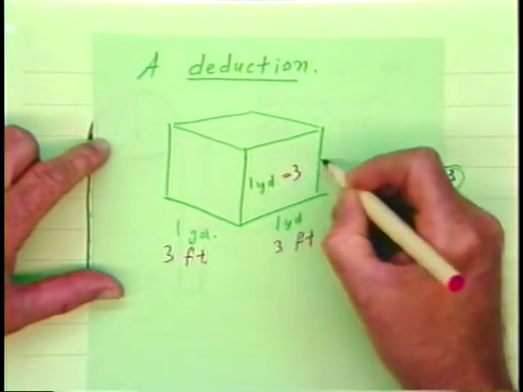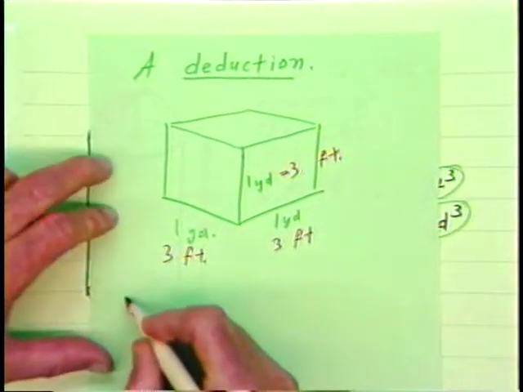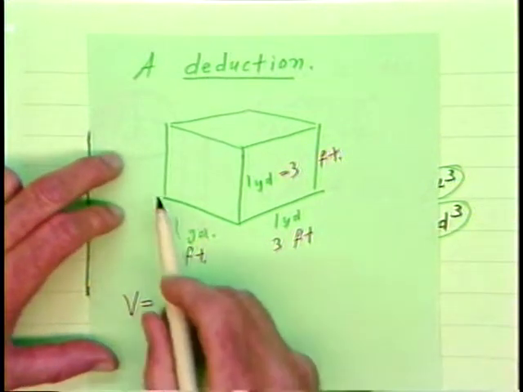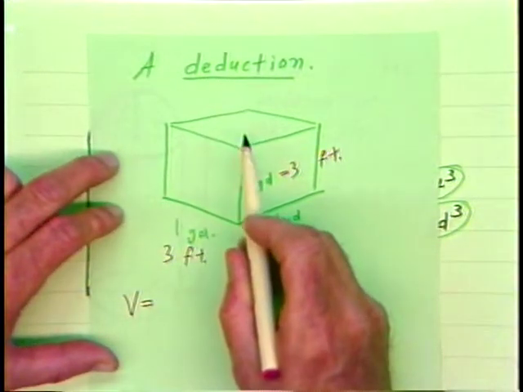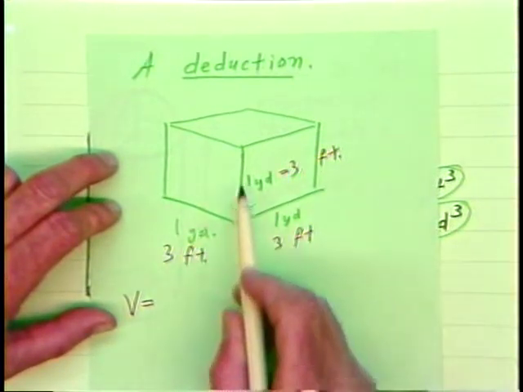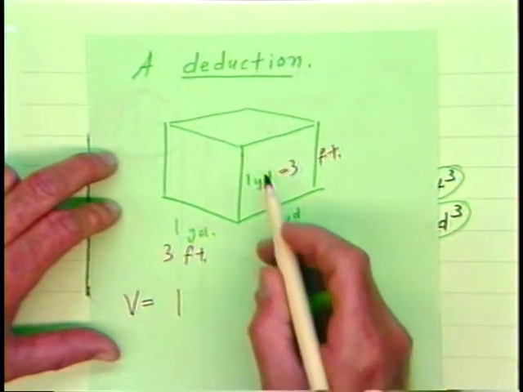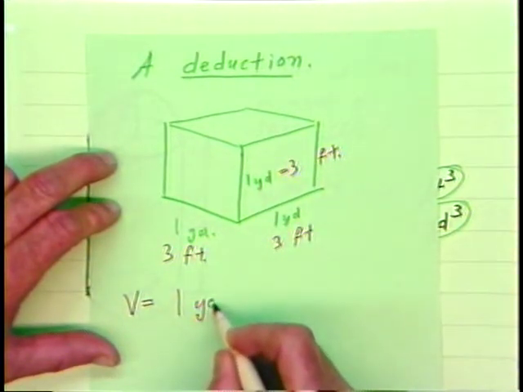Do you get a feel for what we're about to do? Because the volume is length times width times height of a rectangular solid. So in yards, 1 times 1 times 1 is still 1. Yard times yard times yard is cubic yard.